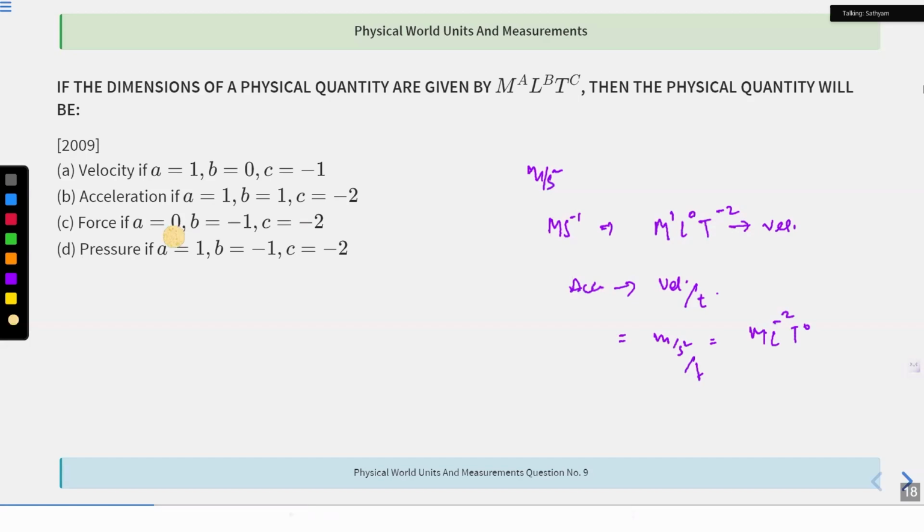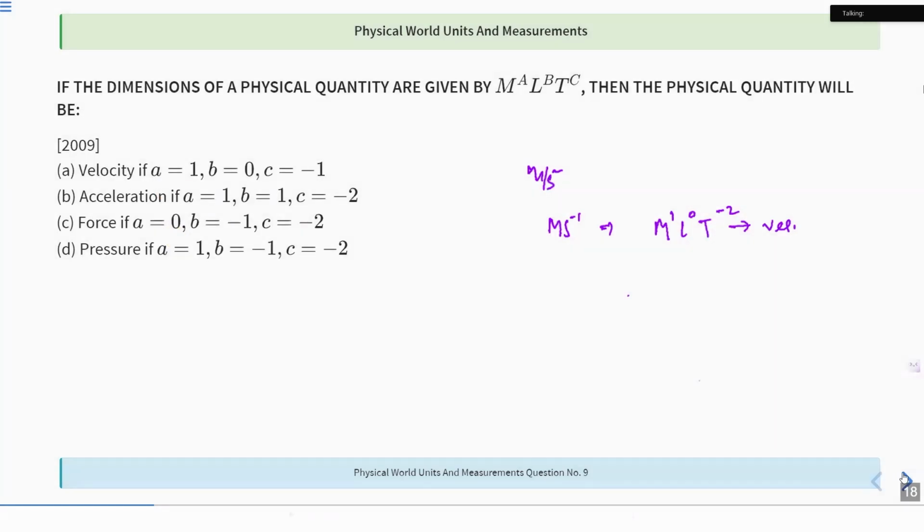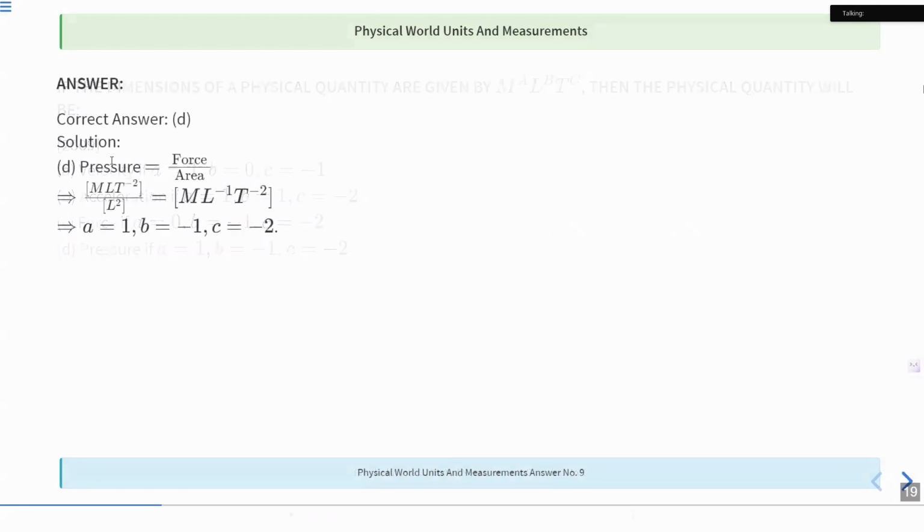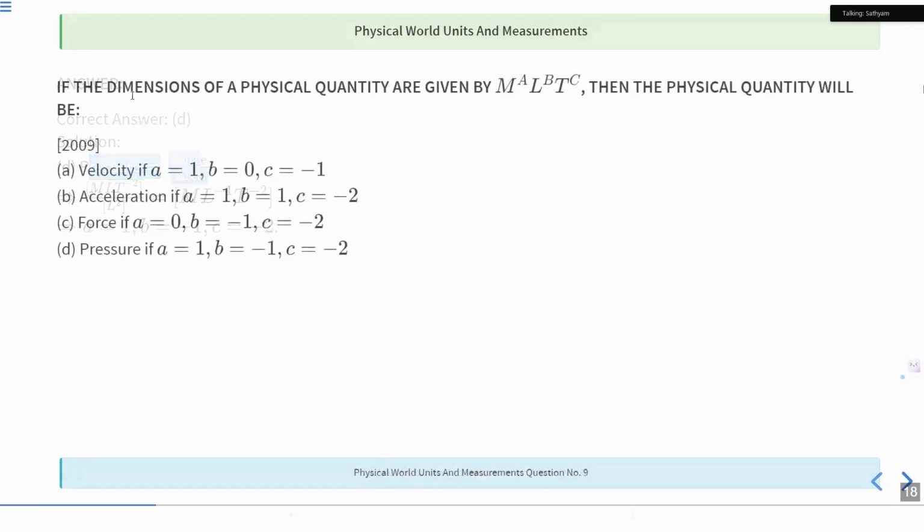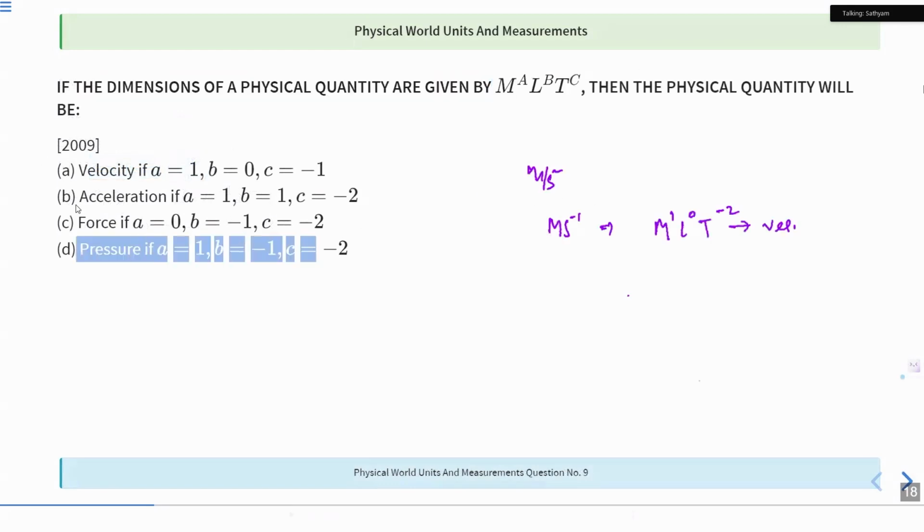Just a second, this is not T0. Velocity by time, right? You can have a look over here. The correct answer over here is pressure, because they have mentioned that the dimension of a physical quantity are given by this, then the physical quantity will be. This is the correct option, basically.